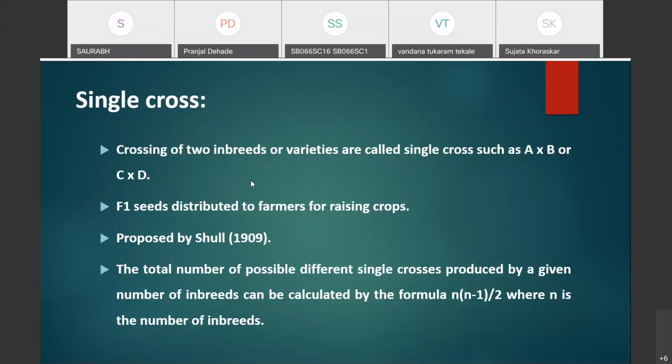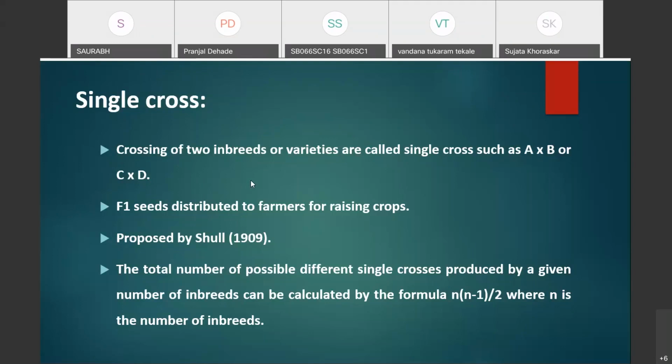The F1 seeds from this single cross are directly distributed to the farmers for raising the crops.